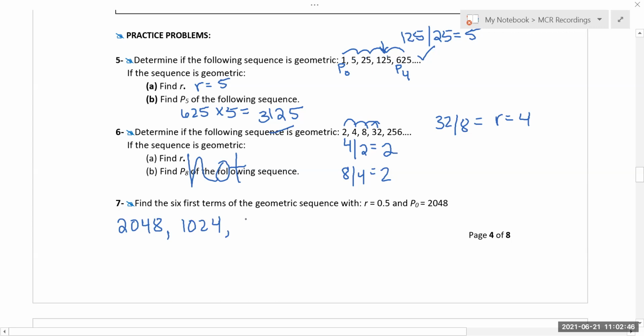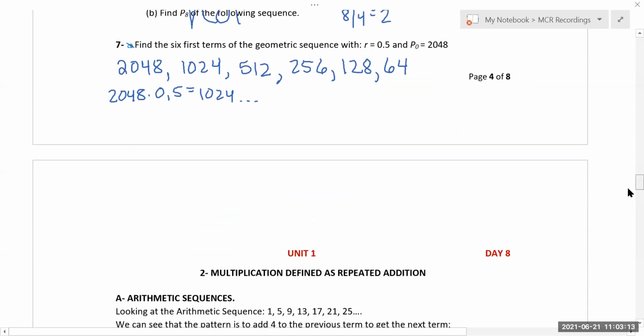Multiply again, gives me 512, 256, 128, and 64. And again, that's 2048 times 0.5. And then you keep going. So hopefully that makes sense. So again, you want to know the recursive formulas for both arithmetic and geometric formulas.